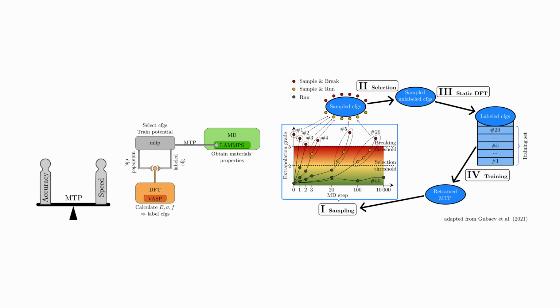Let's summarize what was said. The class of moment tensor potentials is a highly accurate classical interatomic potential formulation. Its descriptors can capture any atomic configuration accurately, and an arbitrary amount of parameters can be chosen to be used for regression, leaving the choice of balance between accuracy and efficiency entirely in the user's hands.